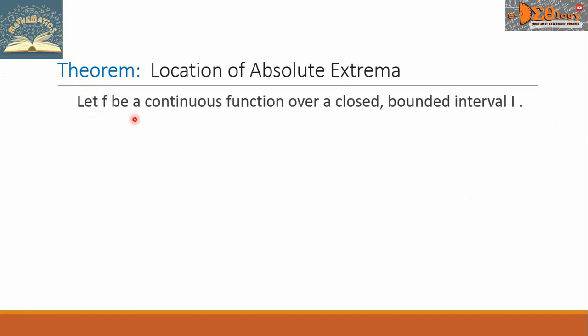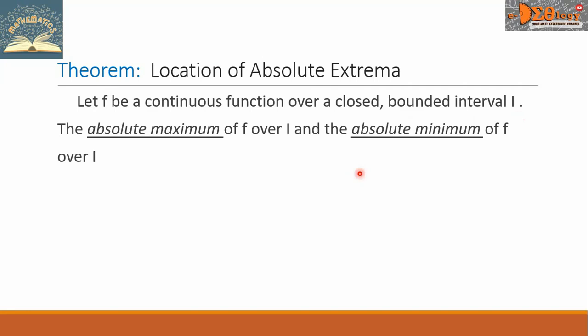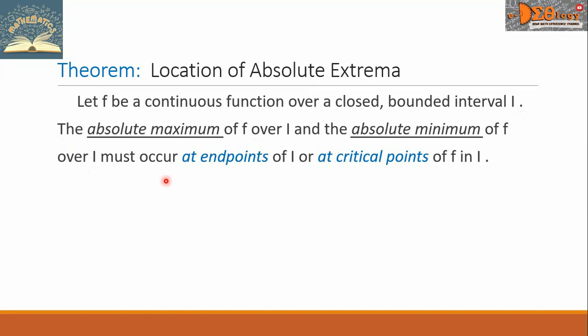Let f be a continuous function over a closed, bounded interval I. The absolute maximum of f over I and the absolute minimum of f over I must occur at endpoints of I or at critical points of f in I.